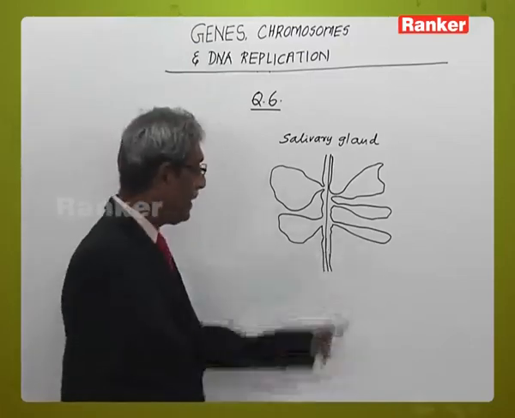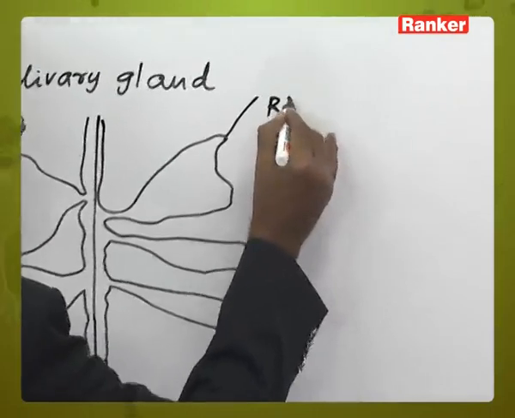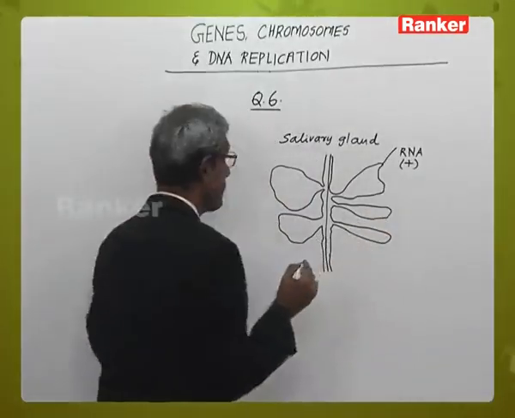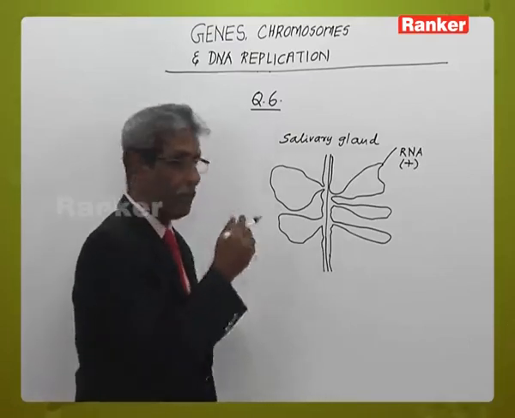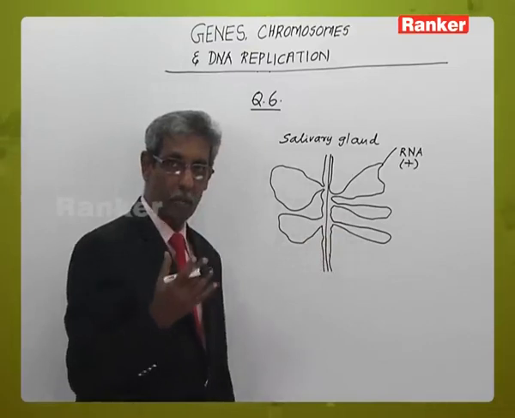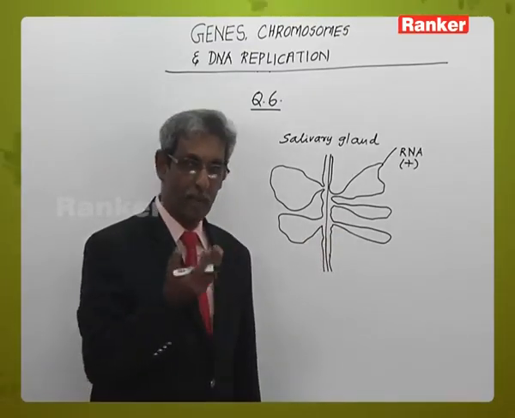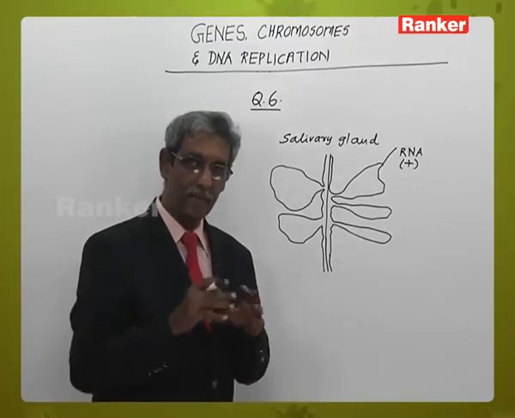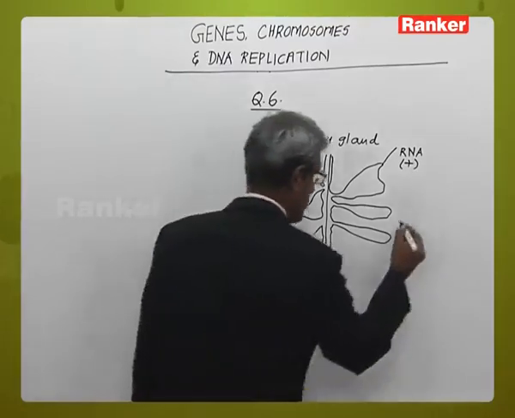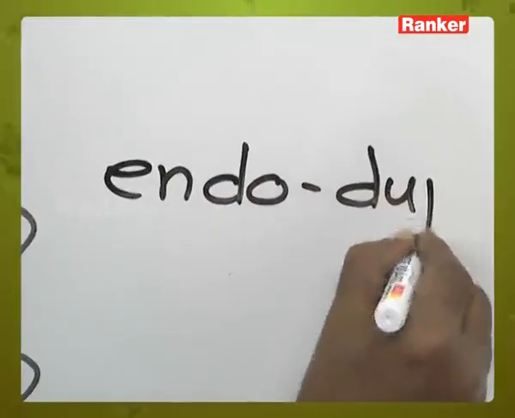Puffing primarily relates to RNA synthesis. These chromosomes show endomitosis, that is, within the cell itself the chromosomes keep on getting duplicated.